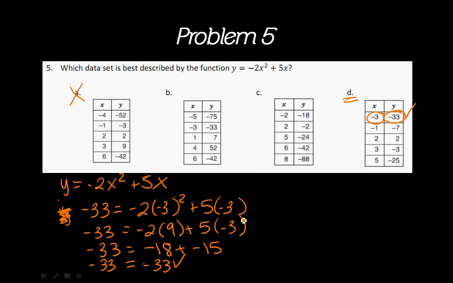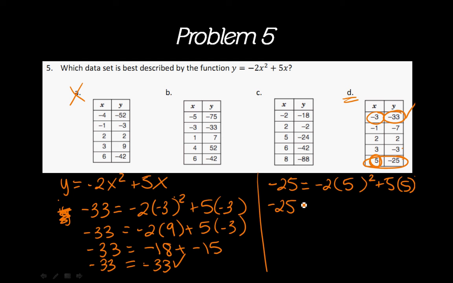So we know that that first point works. I'll do one other point just to illustrate it, and then we'll call this one done. So let's try this last point right here. So we have negative 25 equals negative 2, and then we plug in a 5 here for my x.